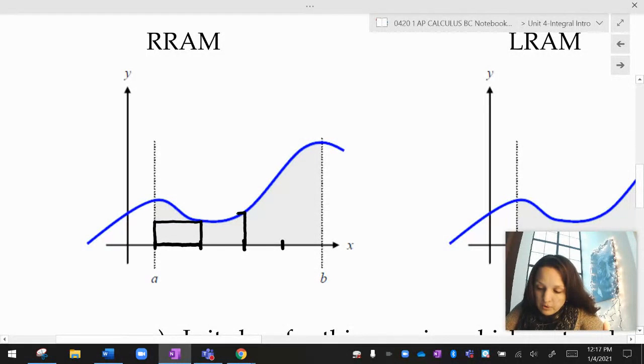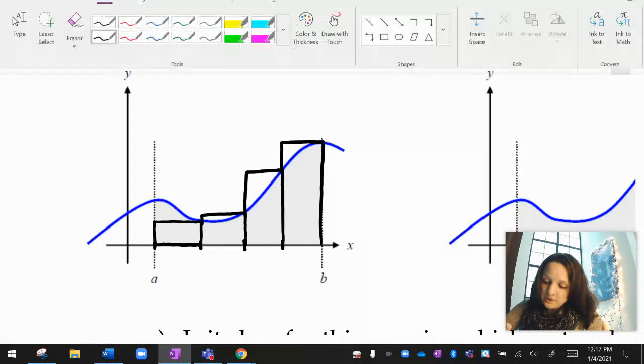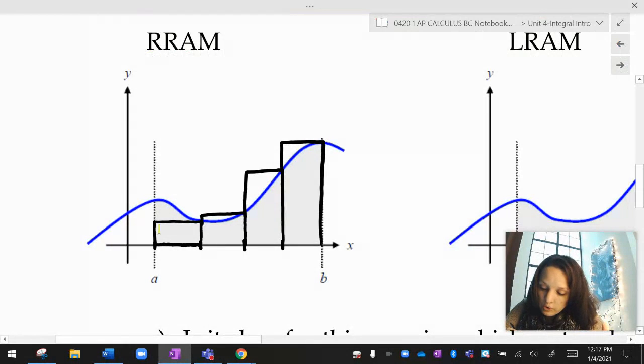Then I do the same for the next subinterval, and the next, and the final right endpoint. I estimate the area under the curve using the area of all this yellow stuff added together. Now, is it perfect? No. I'm missing some area in the front, but I have some extra area later on. That's what RRAM would look like.